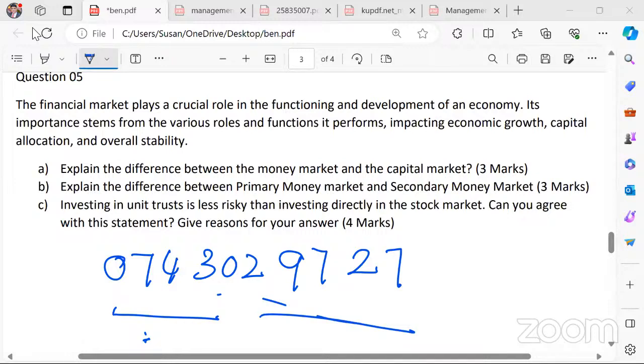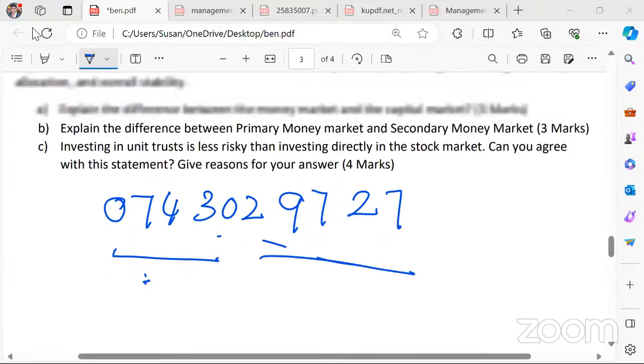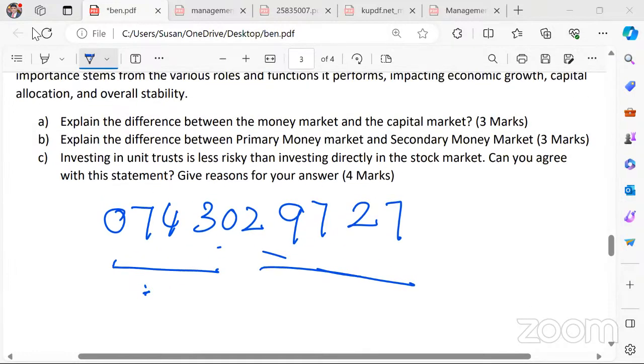Then stock market, if we invest in the stock market, then definitely we have to bear the risk. If the company goes bankrupt or gets losses, then that risk is with us. But in unit trust, we don't have that. The unit trust company bears the risk, but we can enjoy the profit.